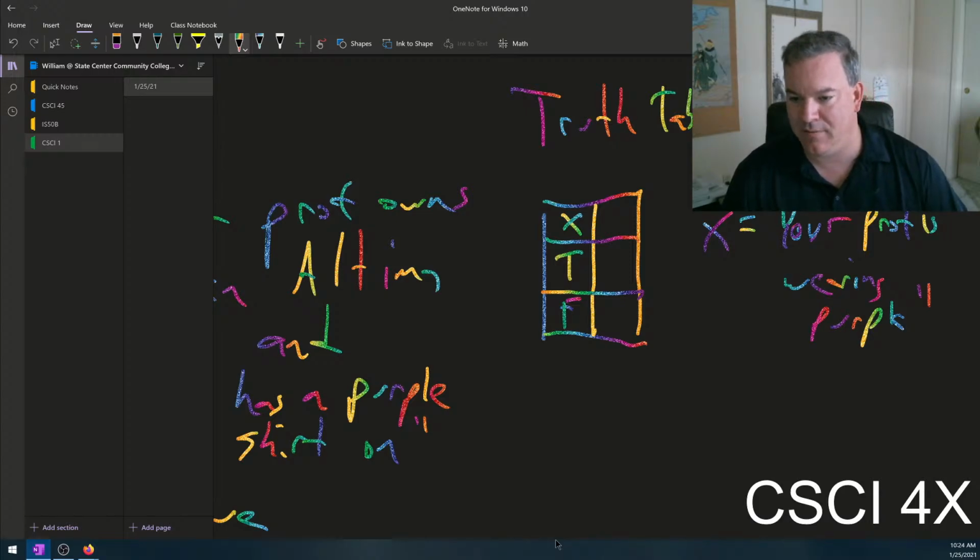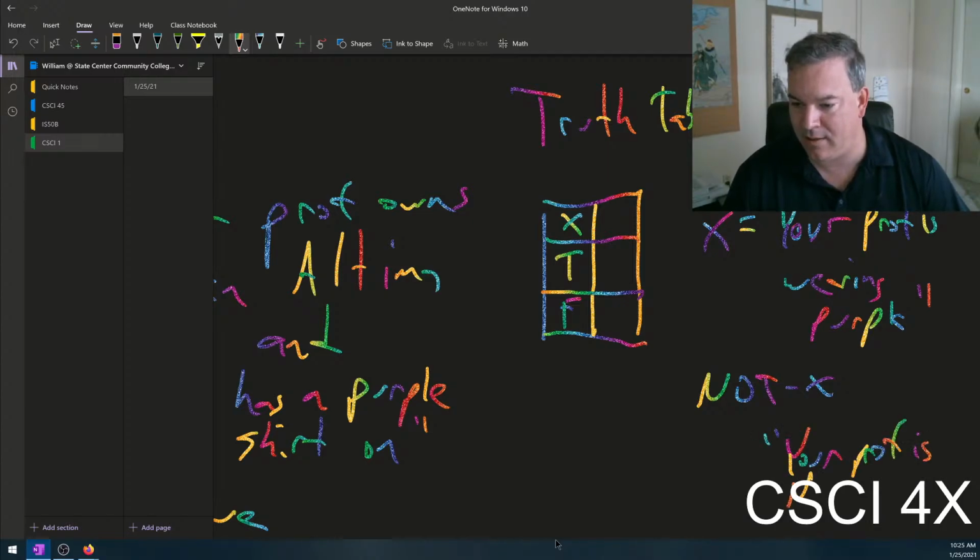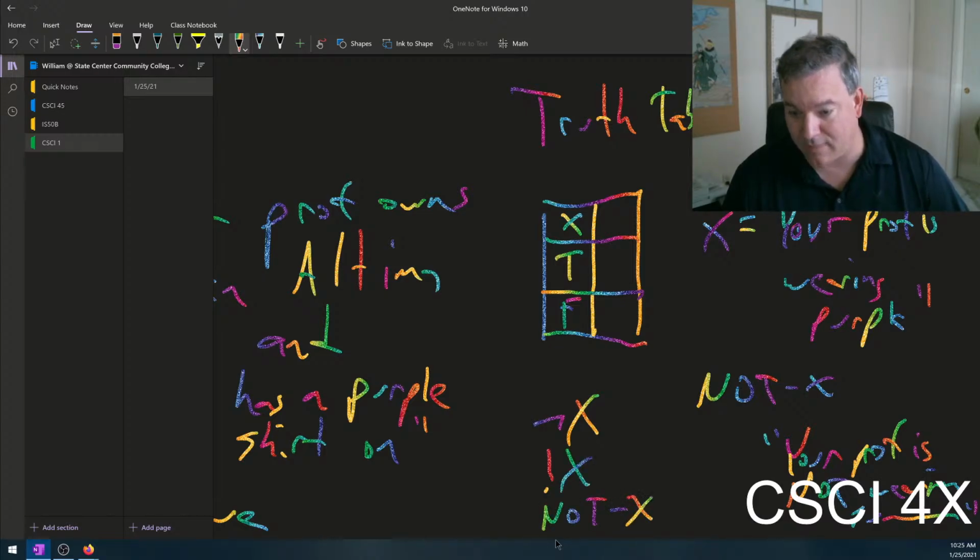And so not X, which is the same thing as saying your prof is not wearing purple. I'm just scribbling that at this point. We could write this as not X like that, like that, and like that. What else? Tilde X, not X like that.